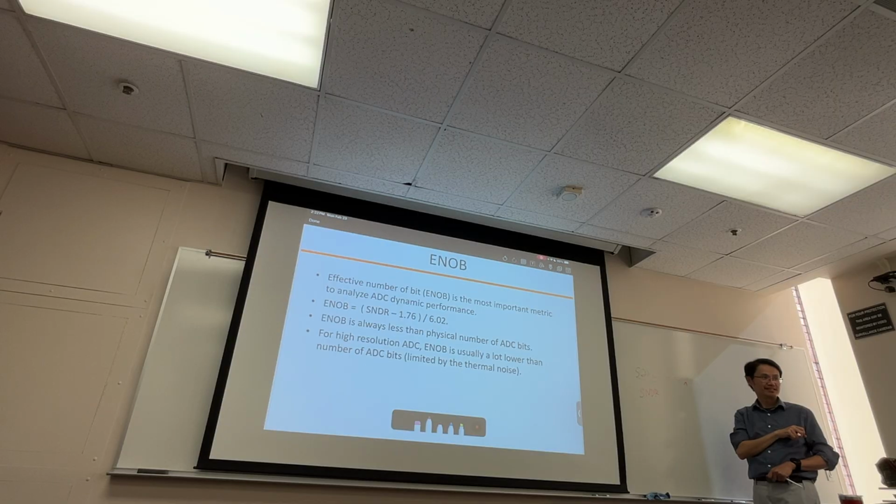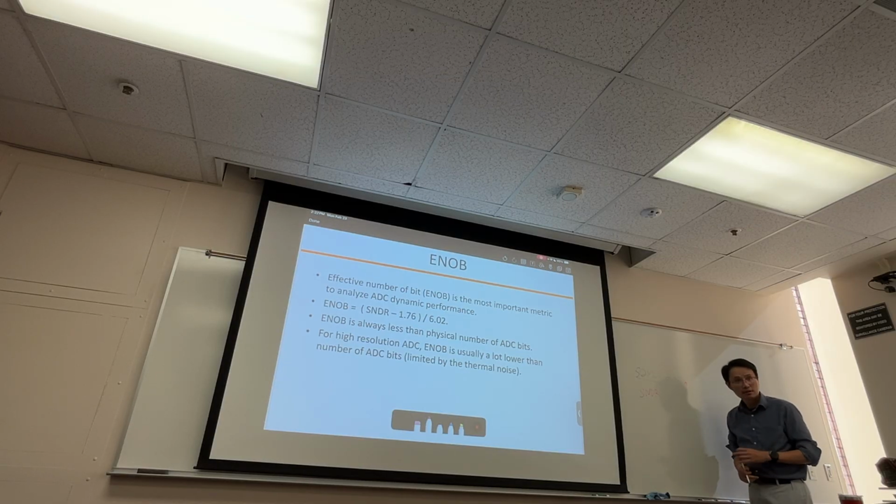Now let me ask you: effective number of bits versus number of bits, which one is higher, which one is lower? The effective number of bits has to be lower. It has to be worse.